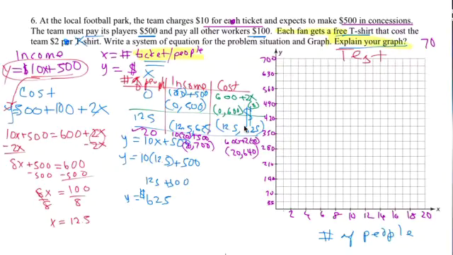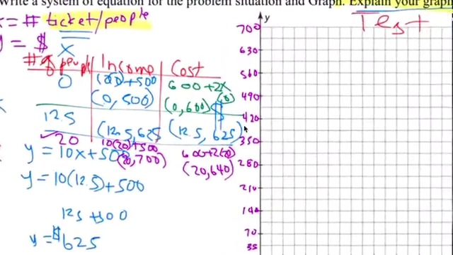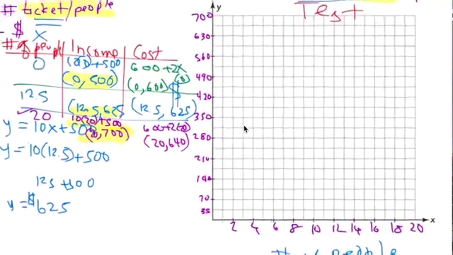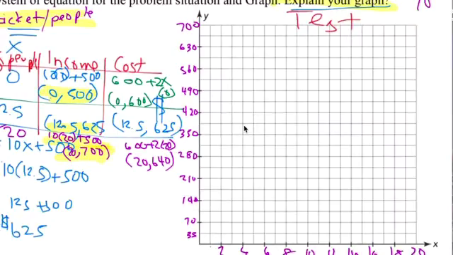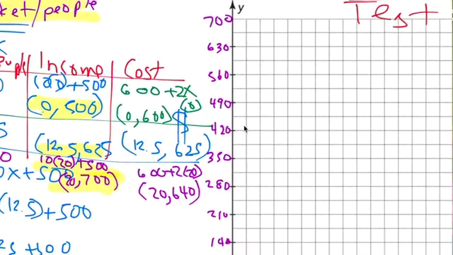So when you're graphing this, we did these numbers in class, you have to graph one thing at a time. You can do the income graph first. So 0, 500, each one is by 35.